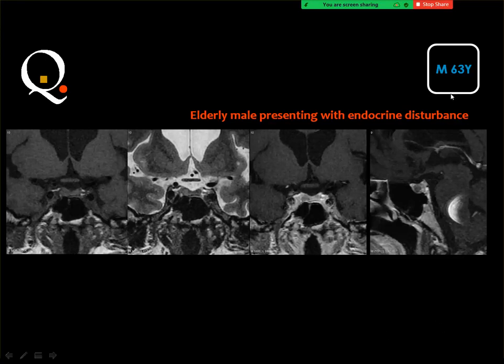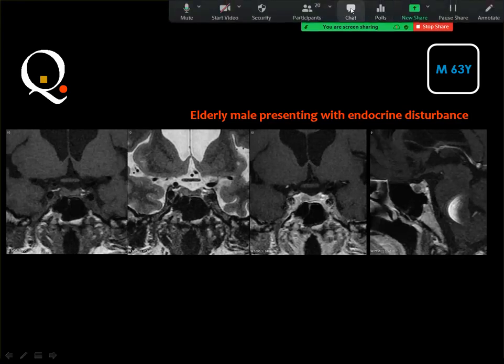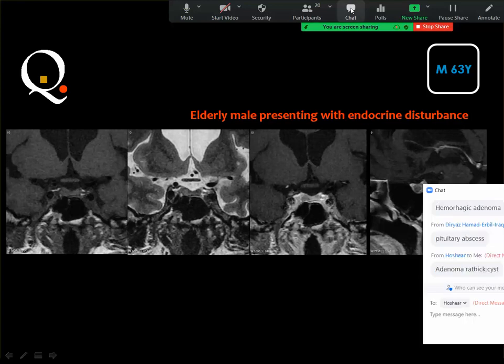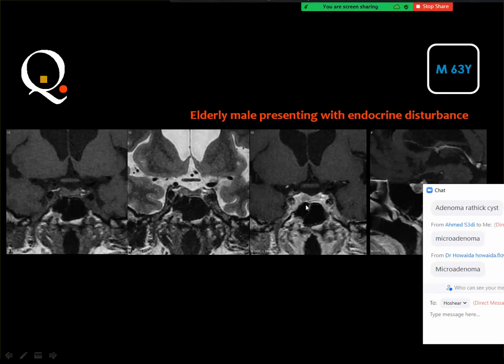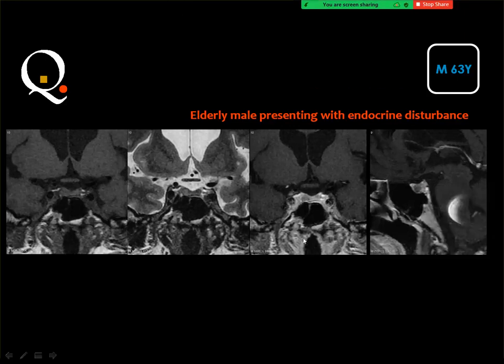This male patient with endocrine disturbance, and this is the MRI of his pituitary gland, T1, T2, T1 post contrast, coronal and sagittal. Adenoma, Rathke's cleft, microadenoma. Yes, microadenoma on the right side of the pituitary gland, this one.